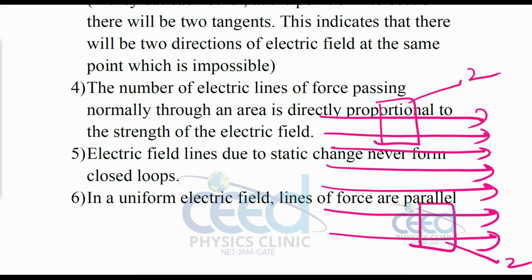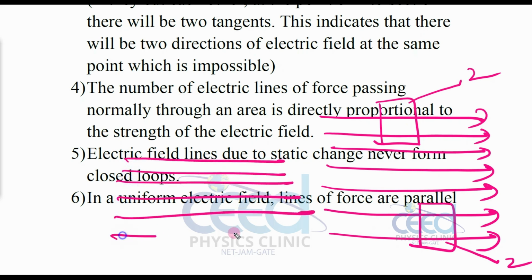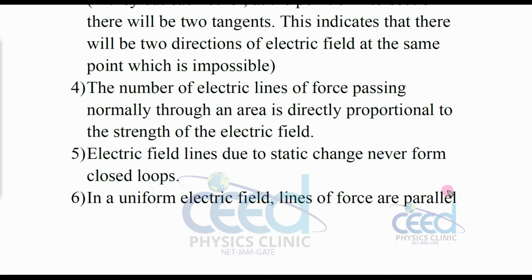That happens only if they are equidistant parallel lines. If we draw equidistant parallel lines, only then will the same area give the same number of field lines. So a uniform electric field, where the strength of the field is the same everywhere, can be represented by equidistant parallel lines.